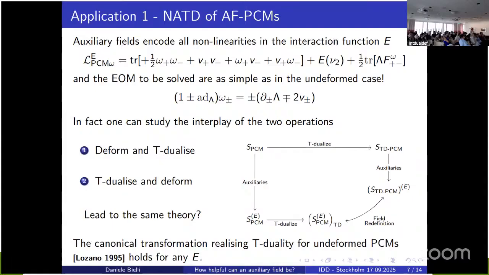So this basically allows you to compute the equation of motion and to find something which is very simple. It's basically as simple, or as complicated if you want, as in the principal current model, the form 1. And basically all the information about the auxiliaries is on the right-hand side. It's this shift, the Lagrange multipliers.